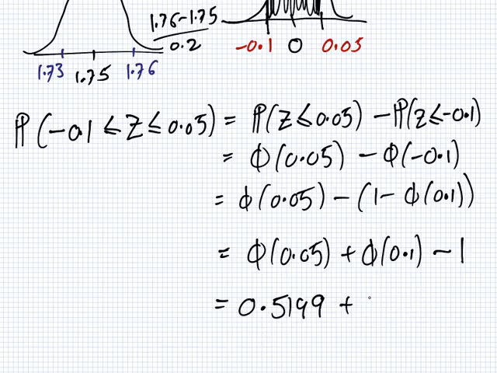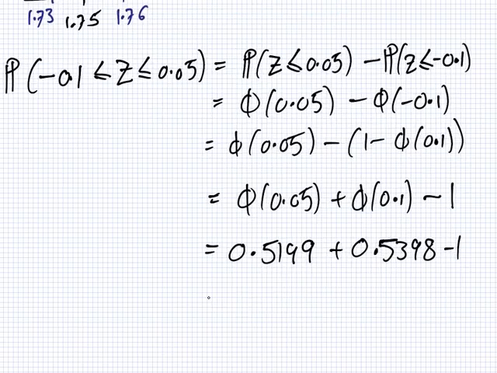That was my bad. 0.5398 minus 1. Okay. So what do we get in total? We have to add. 0.0597. Like this? Yeah. Really? That small? Okay.